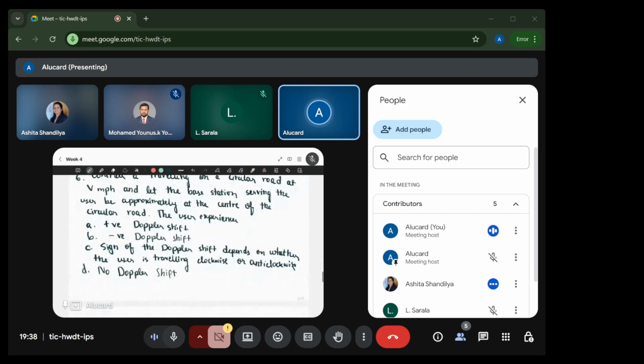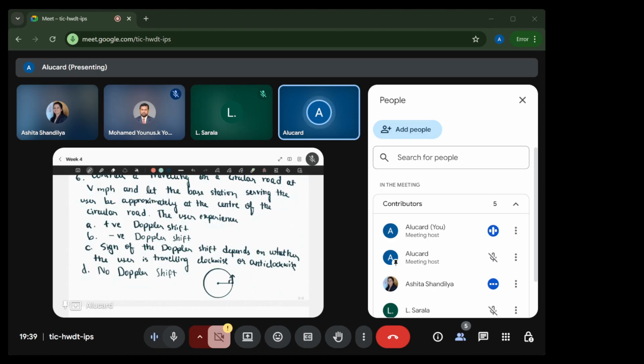Same kind of thing happens when he is moving along a circle. When an object is moving along a circle, its direction of motion is tangential to the circle itself. And we know that the tangent to a circle is always perpendicular to the radius of the circle, from the center to the tangent point.